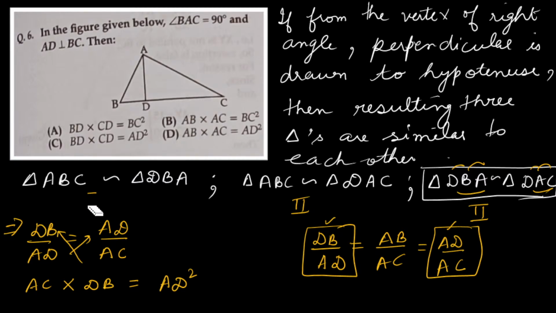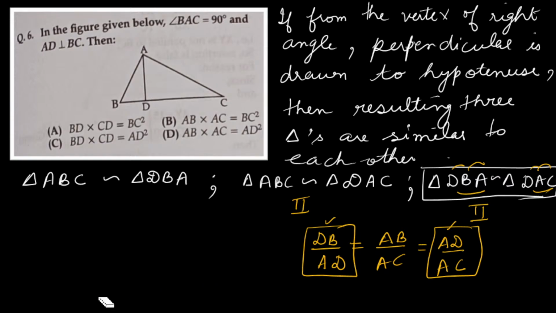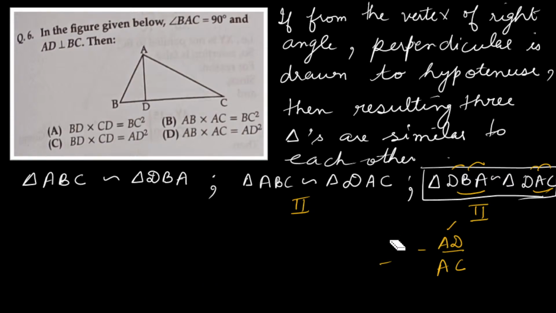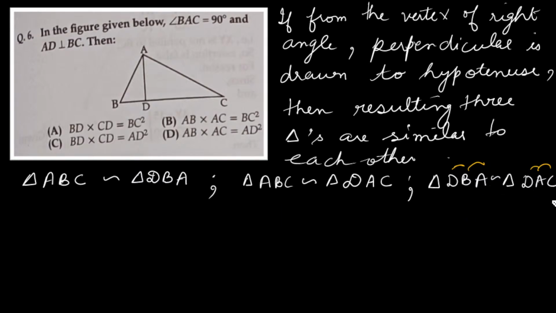We will use the first two ratios and check, because with this one we are not getting it. Let's check with the other ratios. With the first two also we'll check. We should get it with this one.